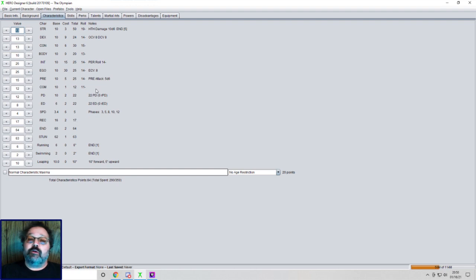So we're going to come over here and look. Strength again is 50. Dexterity total is now 24, 30 for the constitution, 20 for the body, 25 for intelligence, 25 for ego, 25 presence, which gives him a 5d6 presence attack.